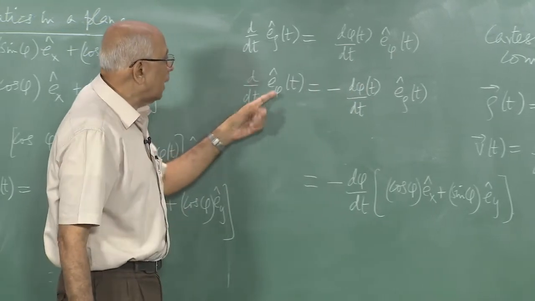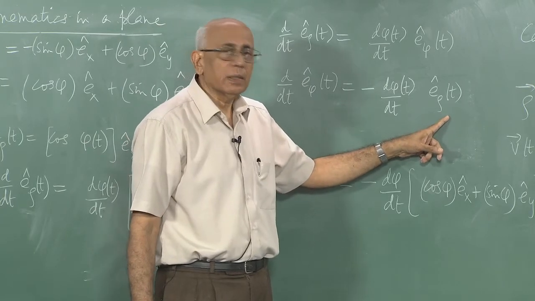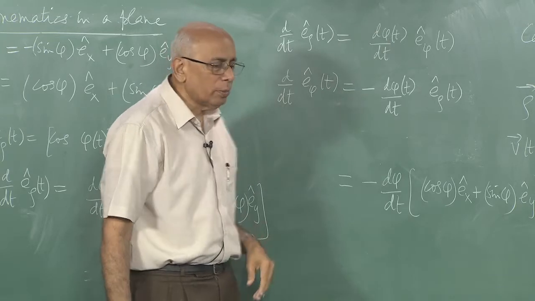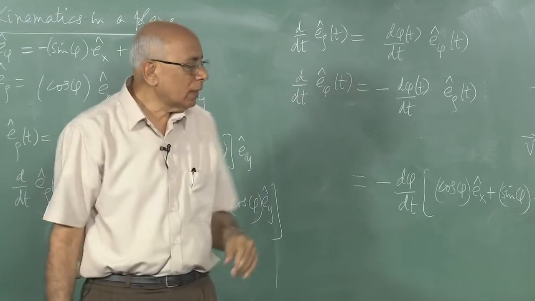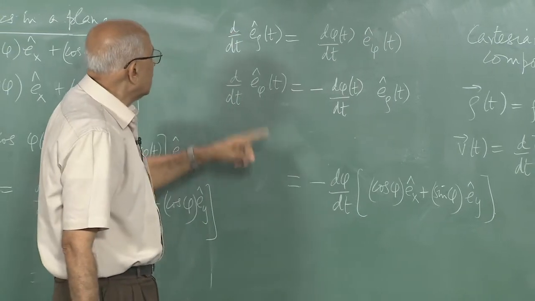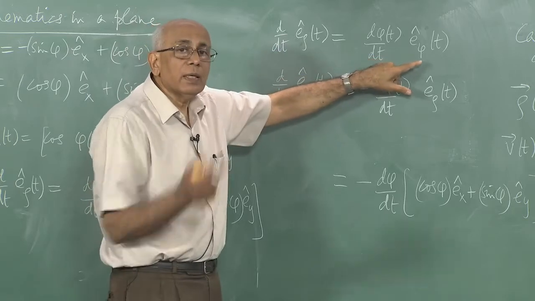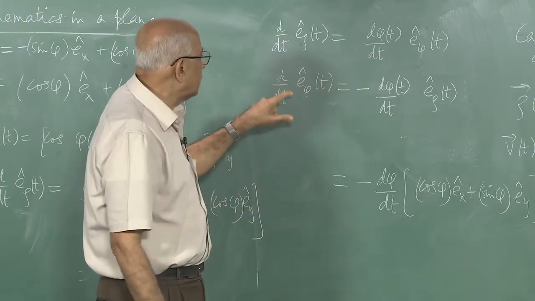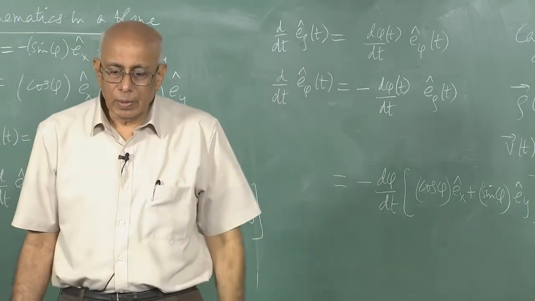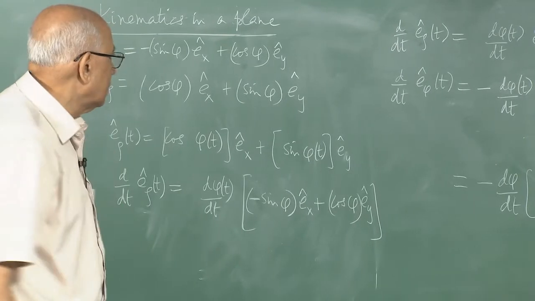The rate of change of the azimuthal unit vector is along the radial direction, with appropriate signs, and this quantity d phi over dt could be positive or negative. Whatever it is, it multiplies these unit vectors. So the whole point is the rate of change of one unit vector is along the other unit vector, and these two unit vectors form a basis for all points in the plane.